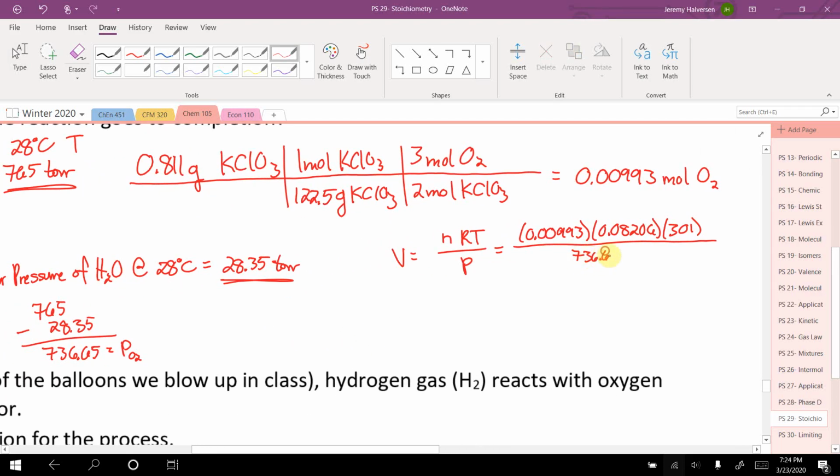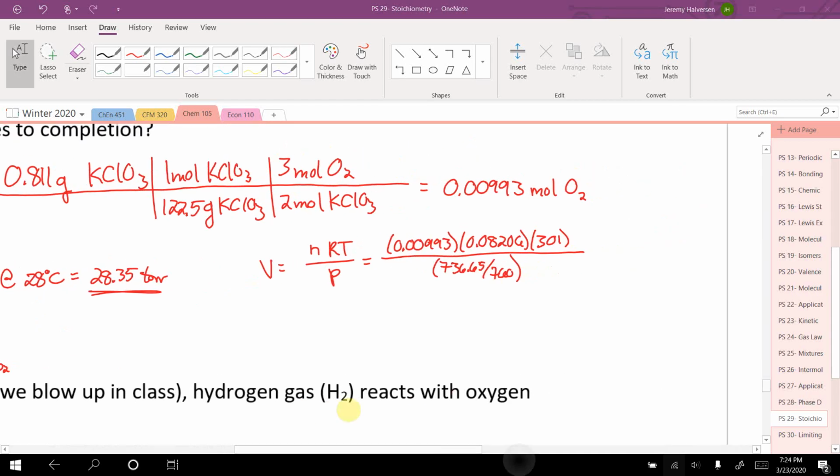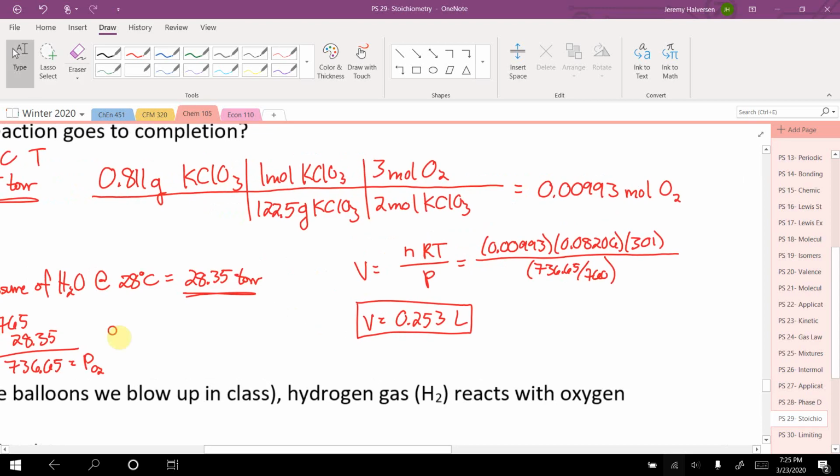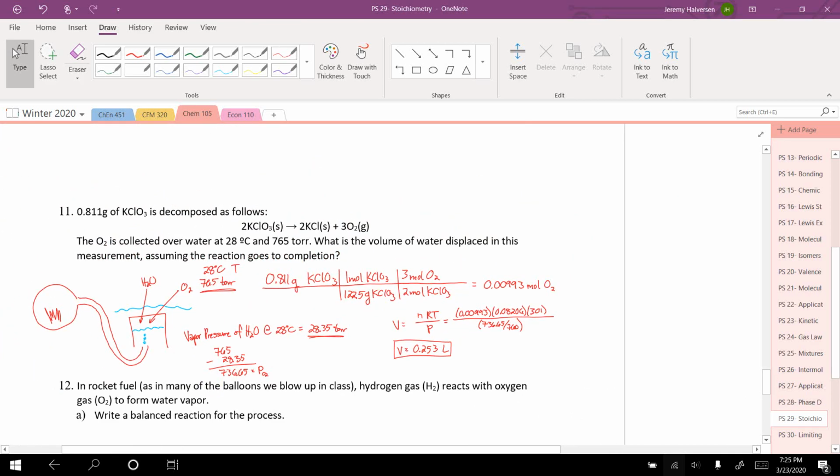It's 736.65, but I need it in atmospheres, so I'm just going to divide by 760 right there to get it in atmospheres. And when I do that, I get my volume equals 0.253 liters. So after I run that reaction with 0.811 grams of KClO3, the oxygen collected underneath fills up 0.253 liters.